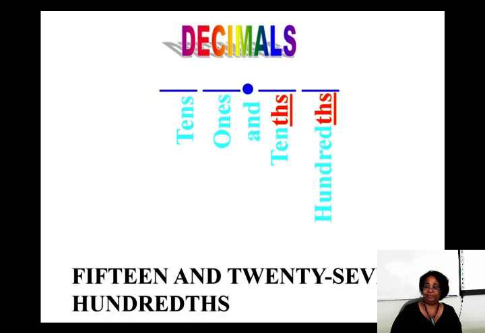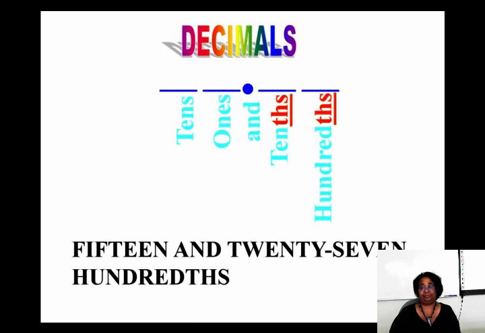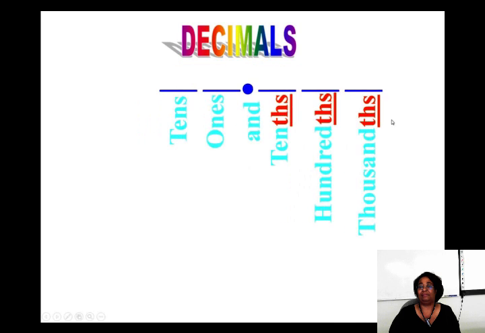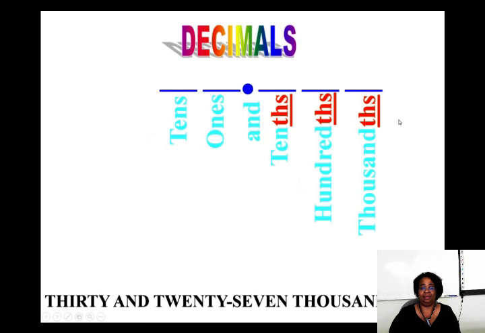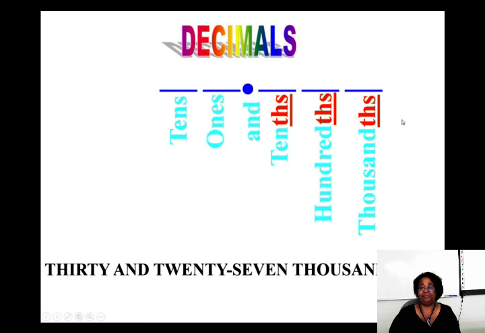What about this one? How would I write it? 1, 5, 5, and 127. 0.27, okay? What about this one? 30. 3, 0. 27.